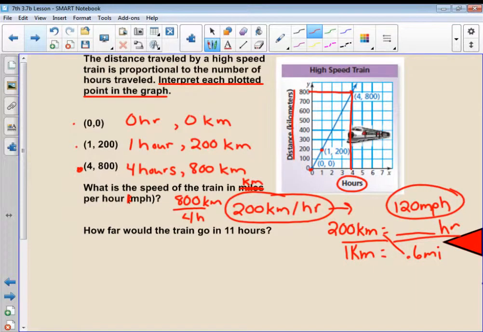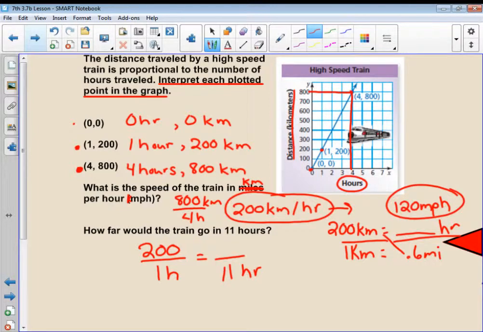So here it says, how far could the train go in 11 hours? So we're just going to go, how many kilometers could it go in 11 hours? So you can really use any of your original rates if you wanted to, or you could use your reduced rate of 200 kilometers per 1 hour. So 200 kilometers you could go in 1 hour. How far could you go in 11 hours? And I know some of you can just go through and say, well, I know I'm going to multiply 11 times 200.